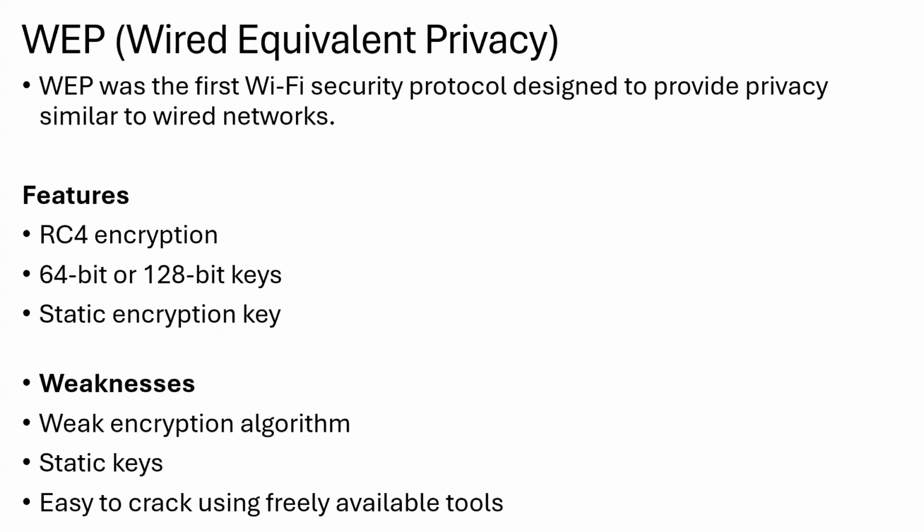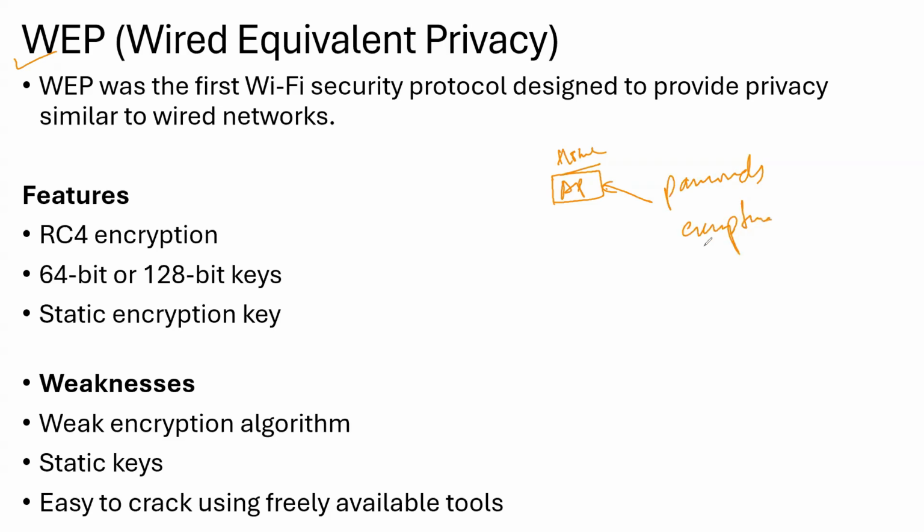Let's talk about the first wireless security protocol, that is WEP. WEP was the first security protocol designed to provide privacy similar to wired devices. In the case of WEP, your access point, home router, or wireless devices will have a password as well as encryption.